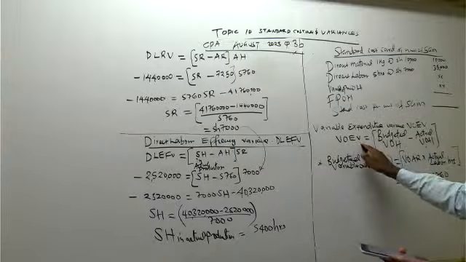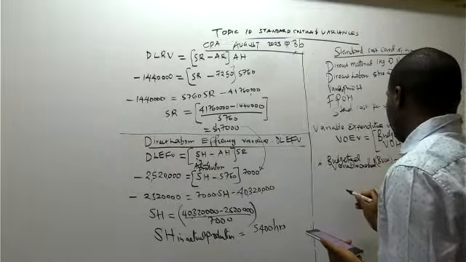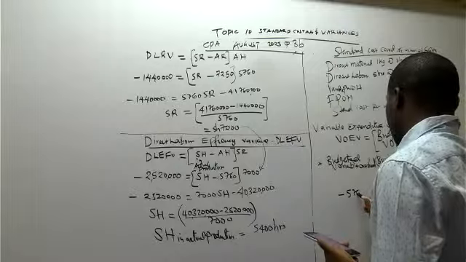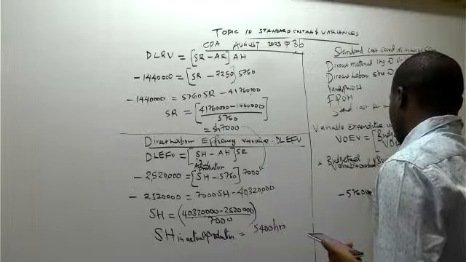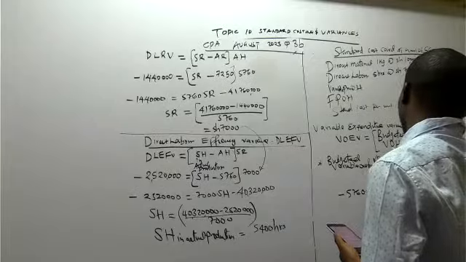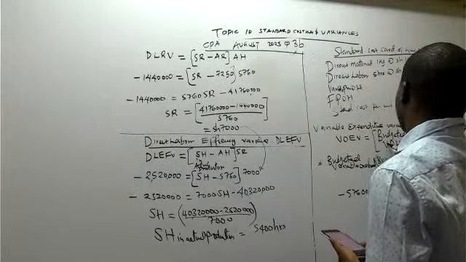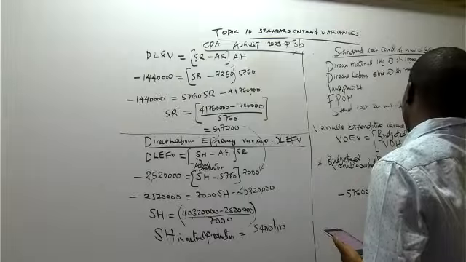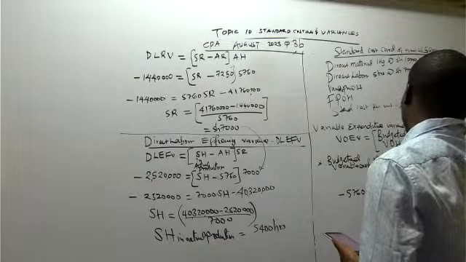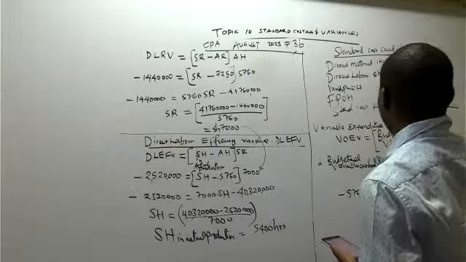Okay, so the variable overhead expenditure variance is negative 576,000. Negative 576,000 is equivalent to budgeted variable overhead minus actual variable overheads.